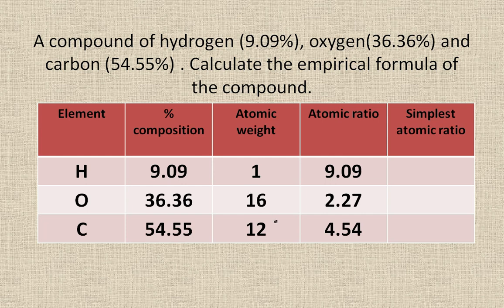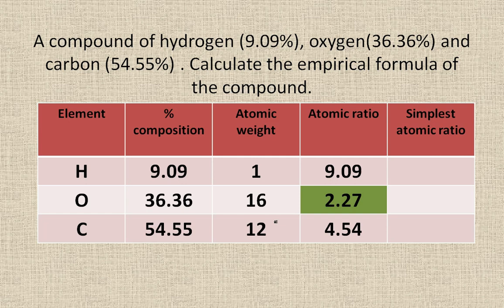Now after obtaining the atomic ratios, we will find the one having the minimum value. Among 9.09, 2.27, 4.54, the least one is 2.27.